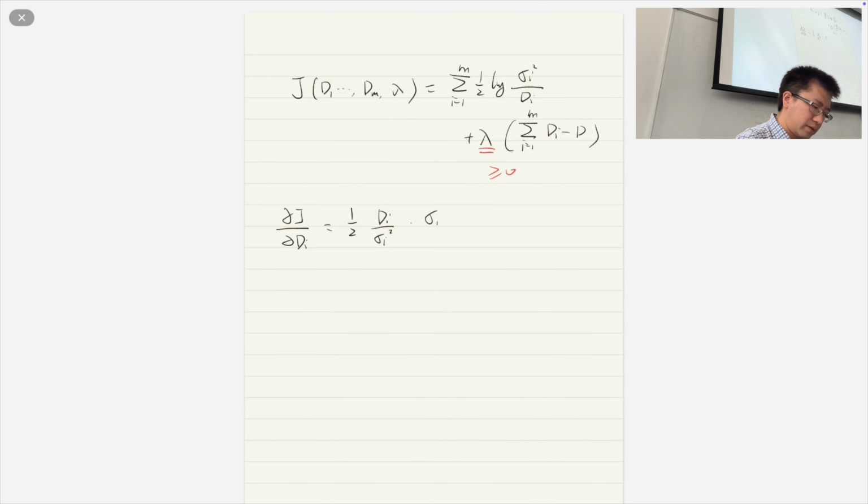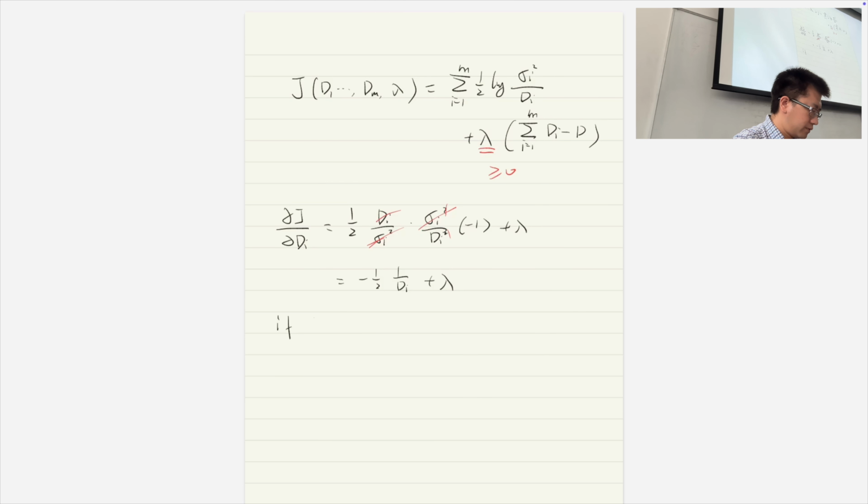And then multiply sigma I squared divided by d squared, and then multiply minus 1 plus lambda. So this equals half di plus lambda. A lot of things can be canceled, right? So this will be canceled, this will be canceled, this will be canceled. Okay, very good. So now we have two cases to consider.